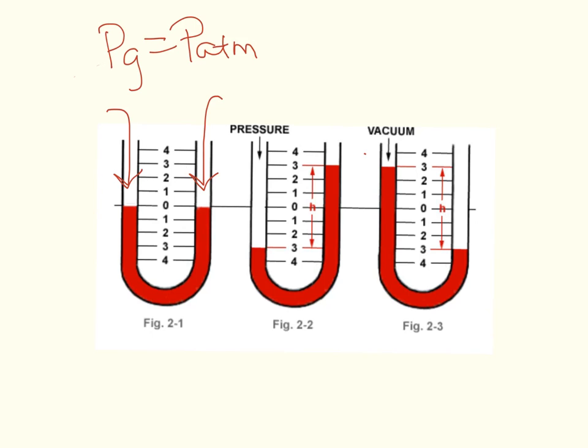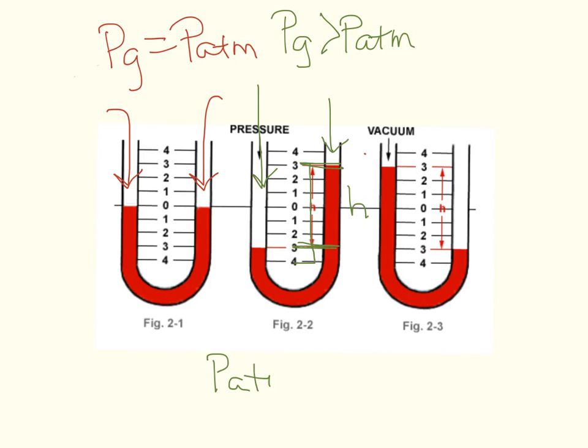In the second manometer, the pressure of the gas is greater than the pressure of the atmosphere. How much greater is determined by the height of the mercury column here that we can represent with H. What we must do then is add the pressure of the atmosphere plus H to get the pressure of the gas.